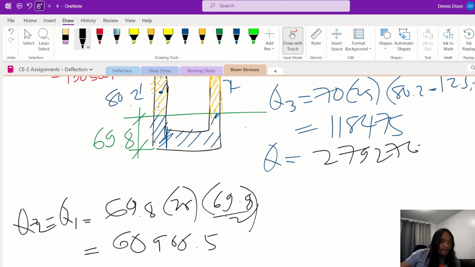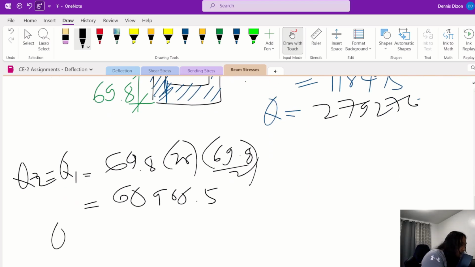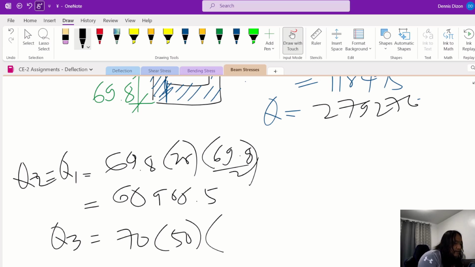And then Q3 would be 70 times 50 times 69.5 minus 25.